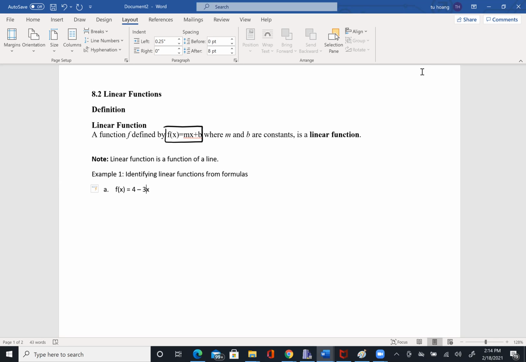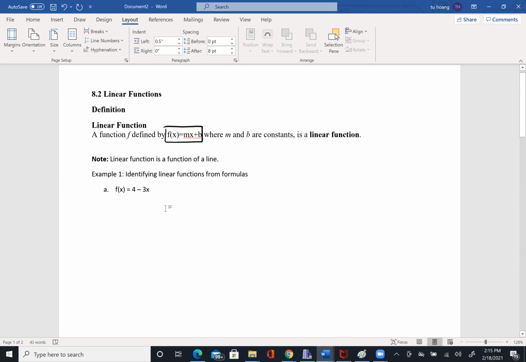So in this case, is this a linear function? I would like to convert this to look like the form mx + b.